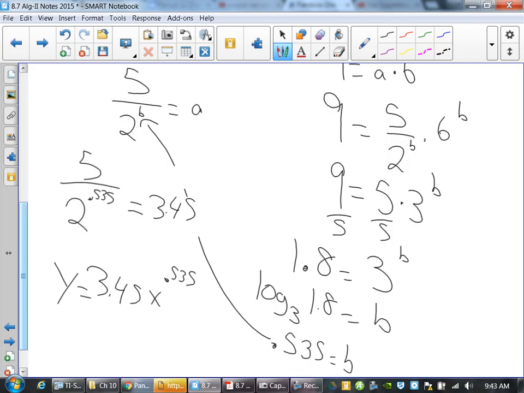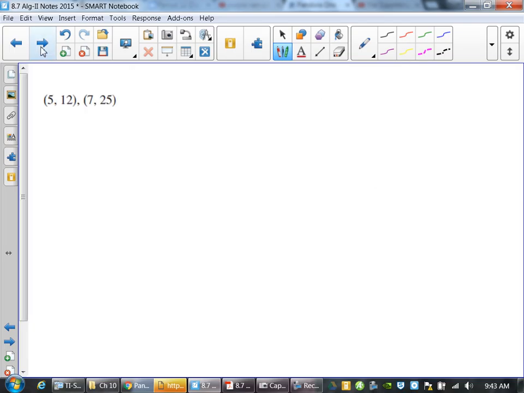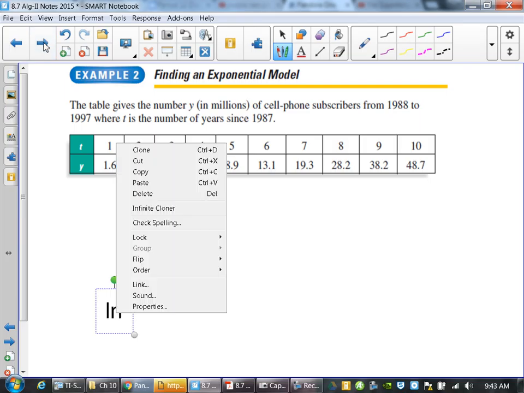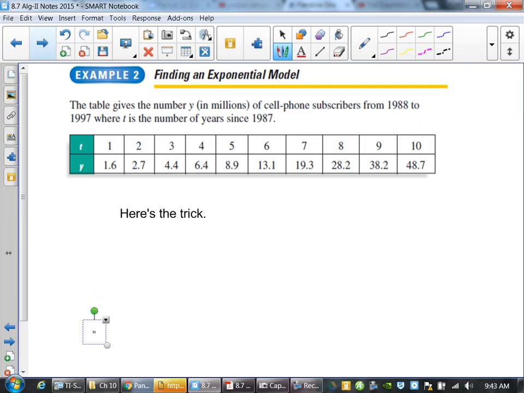Okay, so let's do the other stuff. These are the easy ones. Let's talk about finding exponential models. When we're talking about exponential modeling, we're going to be given data, and what we want to do first of all is put this information in our tables.